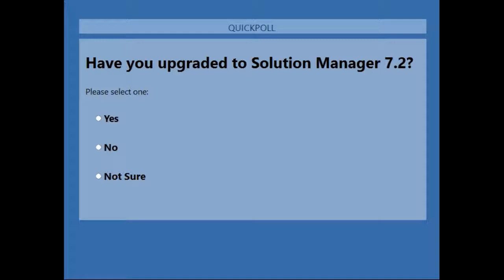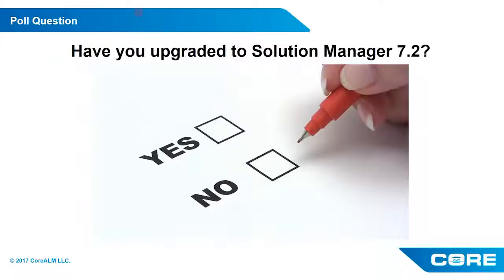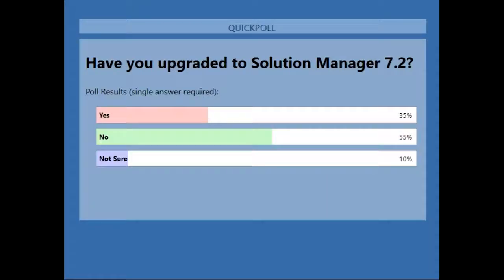Or if you're not utilizing 7.1 as of today, there are other ways to do it, for example, installing a brand new 7.2 Solman instead of going through an upgrade process. So that's just something to keep in mind. You can still use 7.1 after end of 2017. However, SAP will not provide any more support. There will be no new features added, and any bugs will not be fixed past end of 2017.